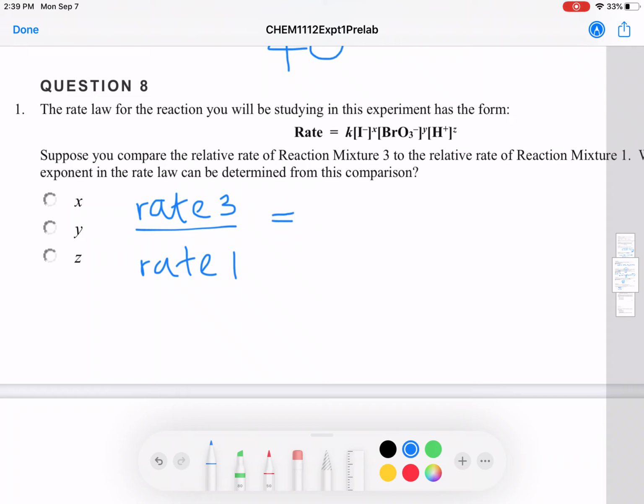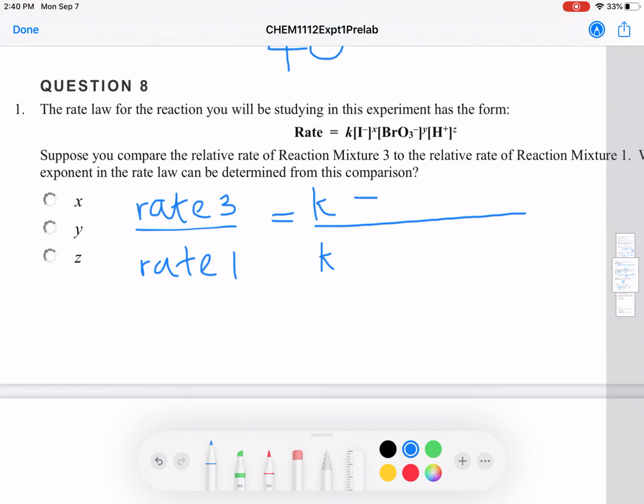What you're going to do is divide the two terms. When you divide, if it happens to be the same volume, their concentrations are going to be the same, so they're going to cancel. The rate constants are going to be the same if we do not work at two different temperatures, so at the same temperature, rate constants are the same.